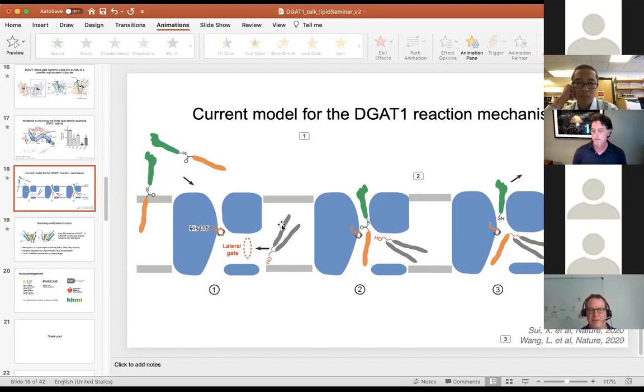It could come from either leaflet in that case. Yeah, I think we just don't have evidence. Xuewu, you can add, but I just think we don't have evidence to say for sure. Yeah, for the DAG here, we actually don't have too much evidence, so we're not quite confident about that. Yes. Okay, thank you. Thanks so much.